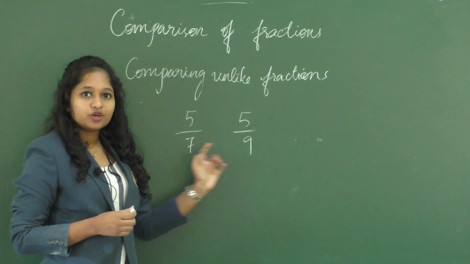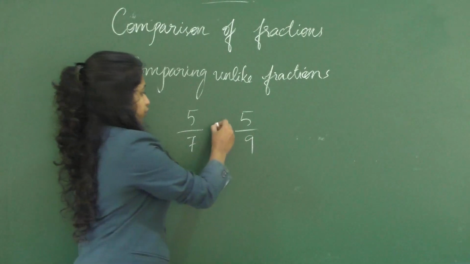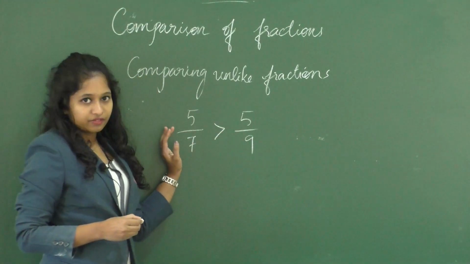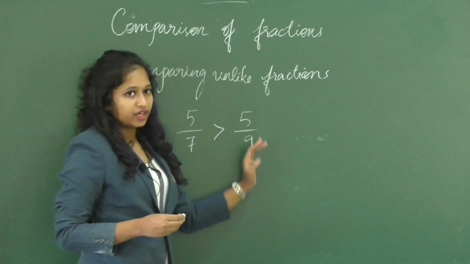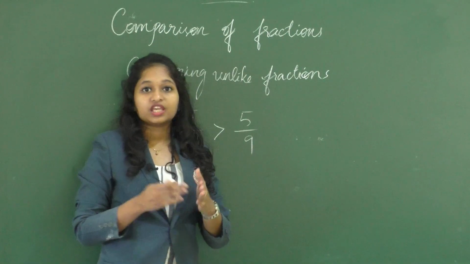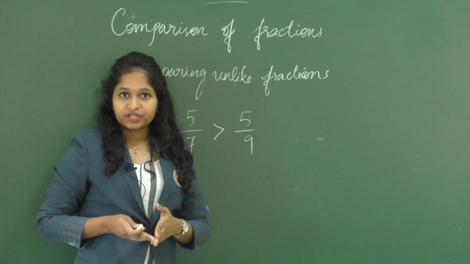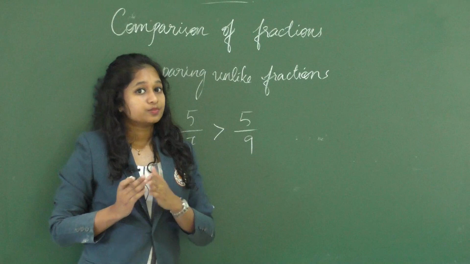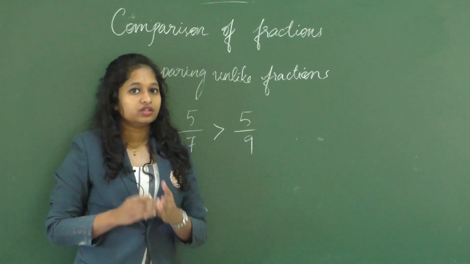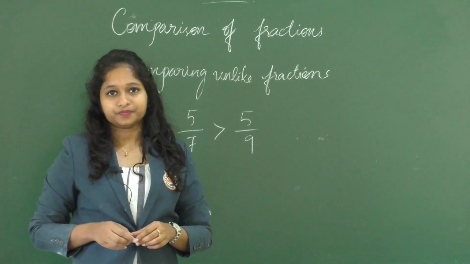Here 7 is smaller than 9, isn't it? Therefore, 5 by 7 is greater than 5 by 9. When you get any question with same numerator, you have to see the denominator, and the one with smallest denominator is the greatest fraction. Okay?